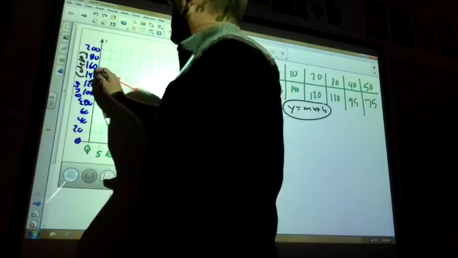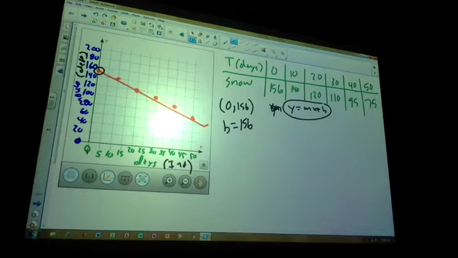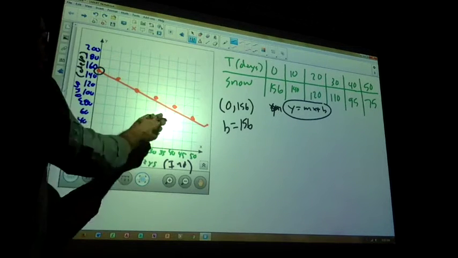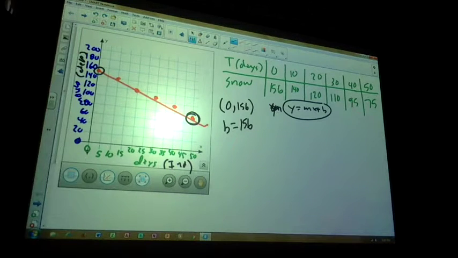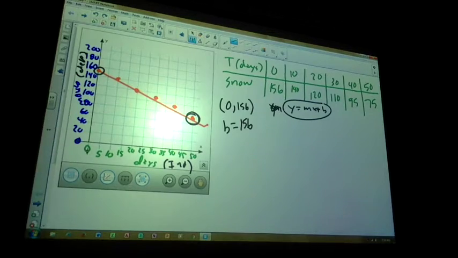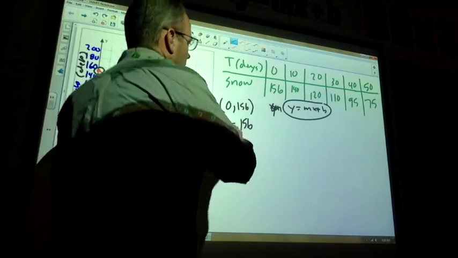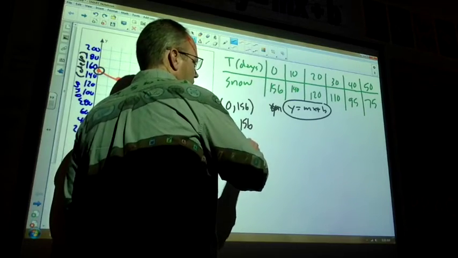If we're using this point as one of them, should I use the one right next to it? No. Use something further away that appears to be on the line. This looks like it'll appear on the line. We could use that one if we wanted to, but it's up to you. That's our last piece of data, so our other piece of data is (50, 75).